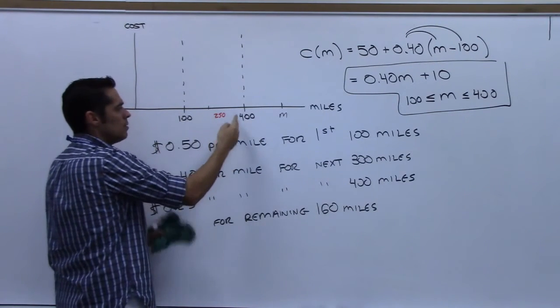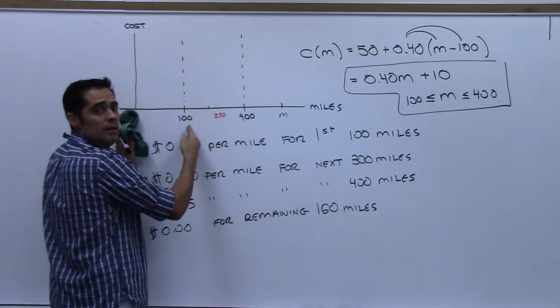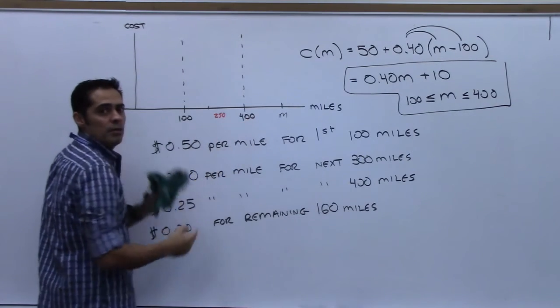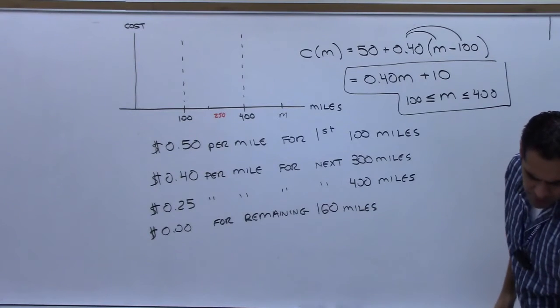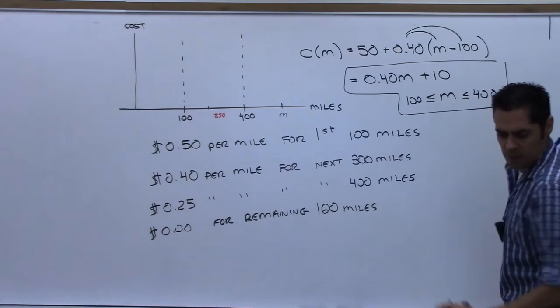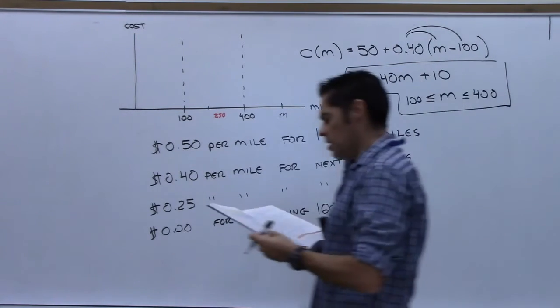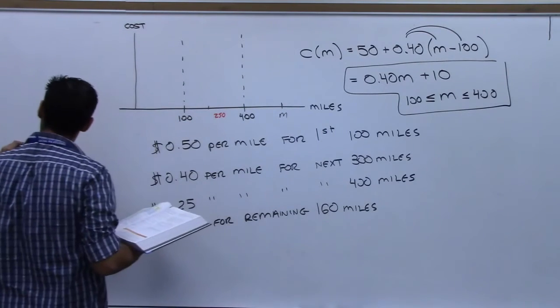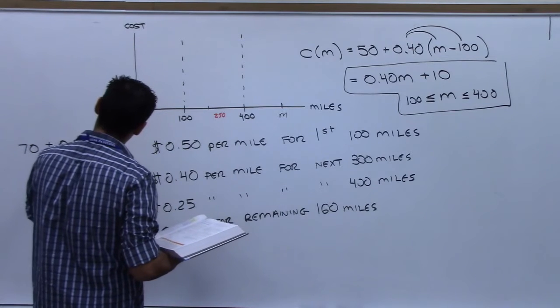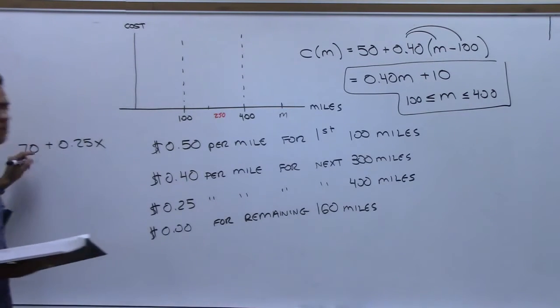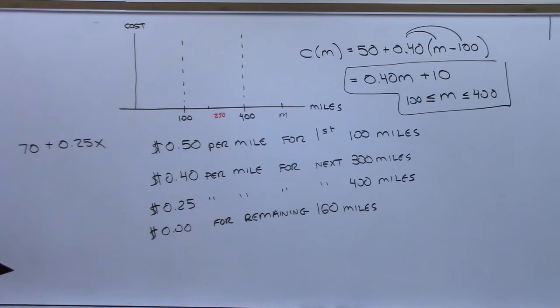Nope. No, because this 400 accounts for this 100 already, right? So minus 400. Hope that makes sense. Part C, I'll let you do it on your own. It's 70 plus 0.25x. Or you could write it the other way around.